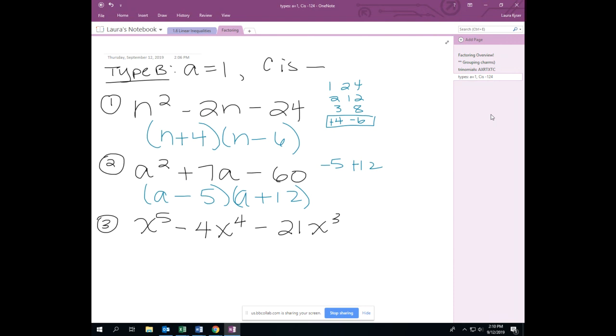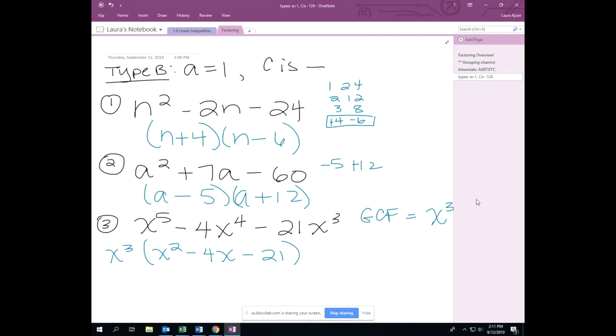And anytime we have a GCF, we want to make sure that we pull out the GCF before we do anything else. So that x cubed is going to come out. It's going to change the way this looks. x cubed divided out, we've got x squared minus 4x minus 21.